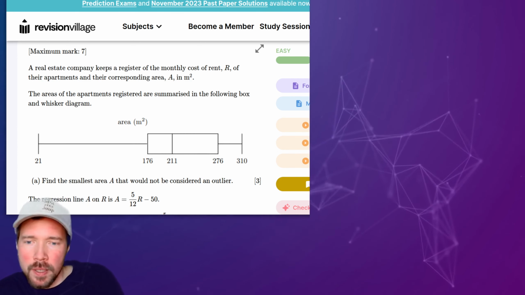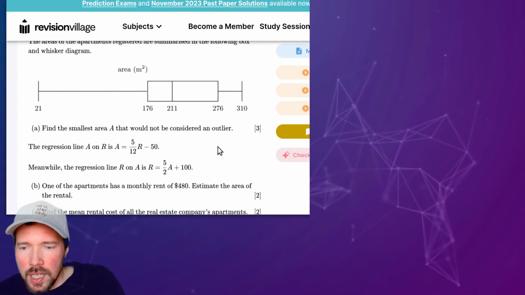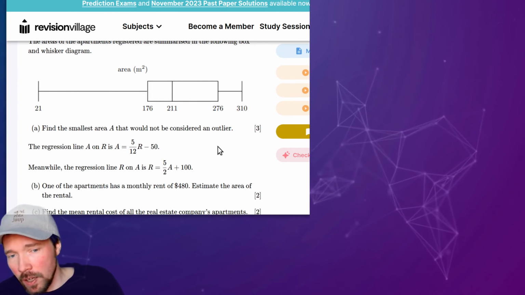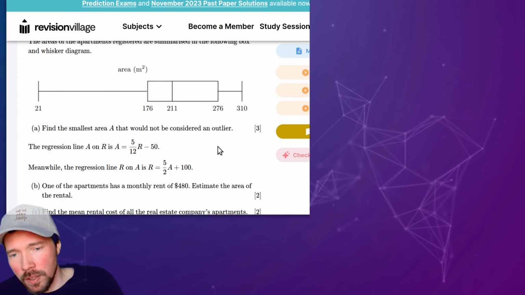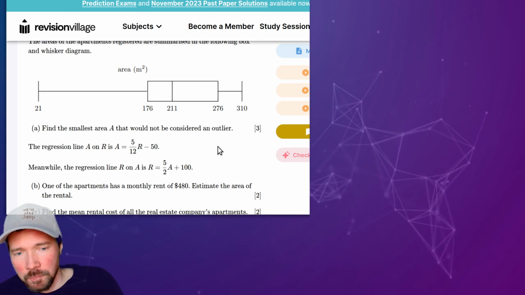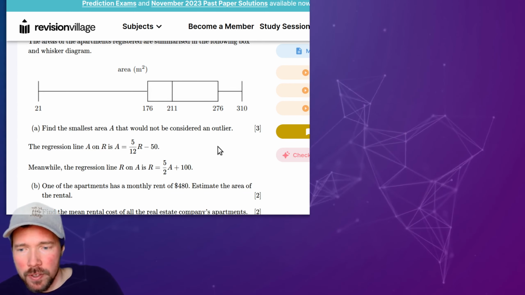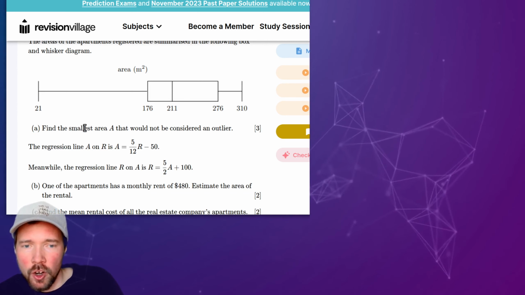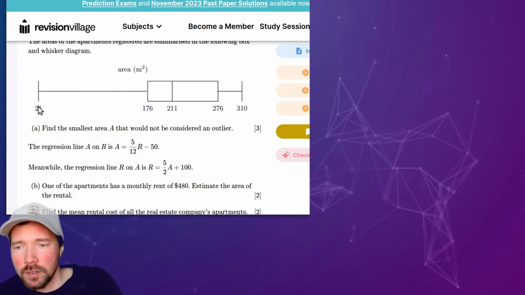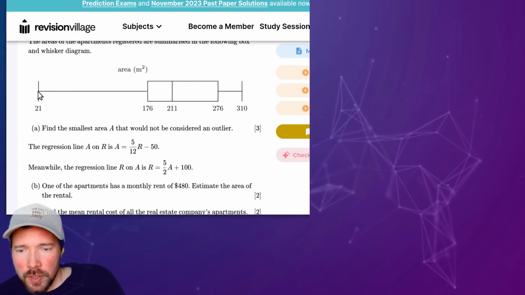The areas of the apartments registered are summarized in the following box and whisker diagram. Find the smallest area that would not be considered an outlier. That's exactly the kind of stuff where you would probably see differences in definitions, but usually the lowest point of the whisker, so this one, will determine the boundary for outliers.